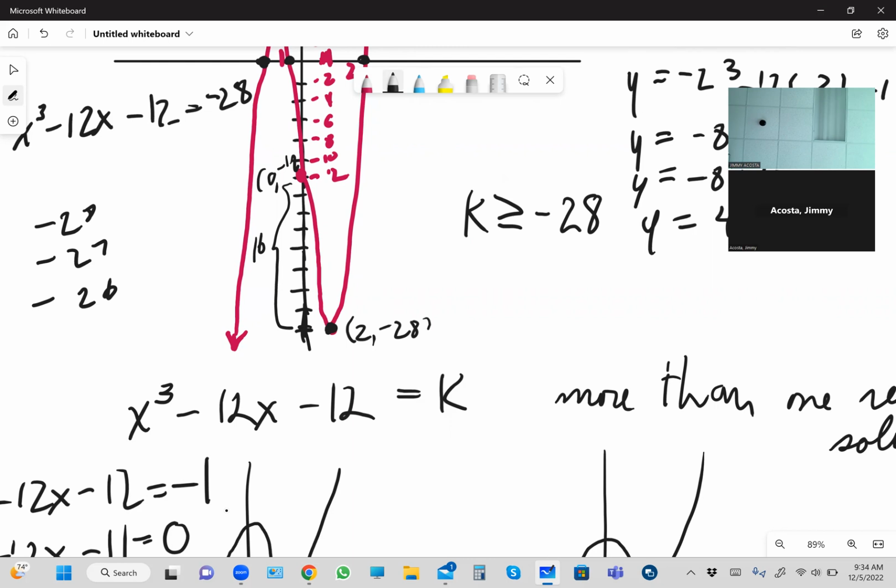Because if I pick 1, now it pulls it down. Does that make sense? Do we see it, guys? Do you see it? Yes. Over here, this side of the class that doesn't talk to me. Yes or no? Okay. So k must be greater than or equal to negative 28. Notice I said greater than or equal to.